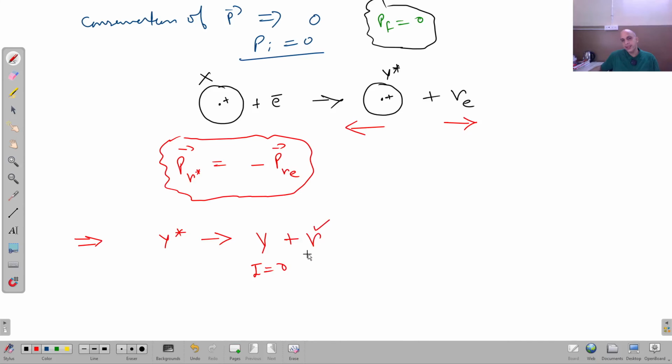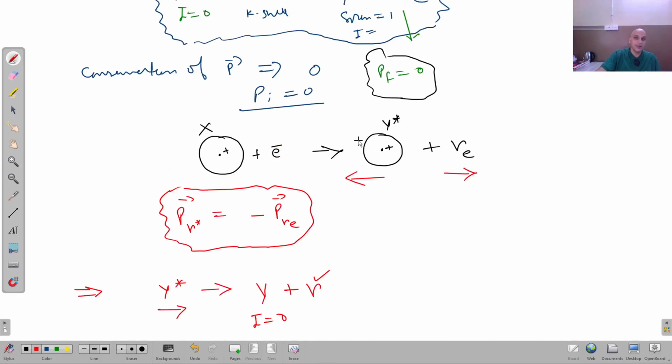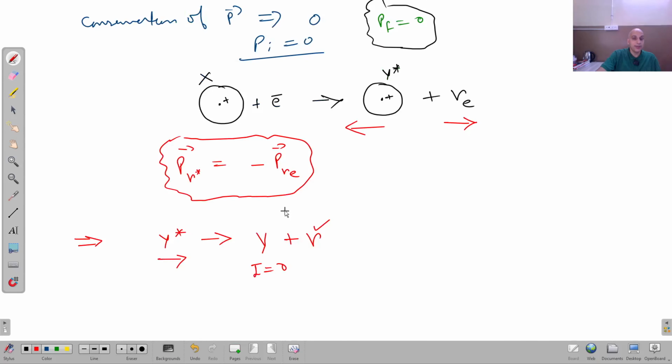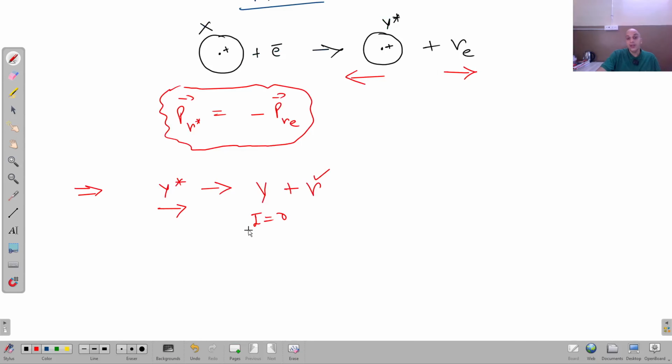Now, as I told you, this nucleus was in the excited state initially and it was moving in this way. Now if I apply the law of conservation of linear momentum in this reaction, what should I get?